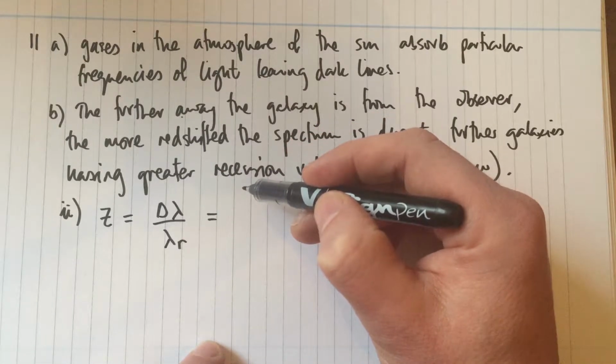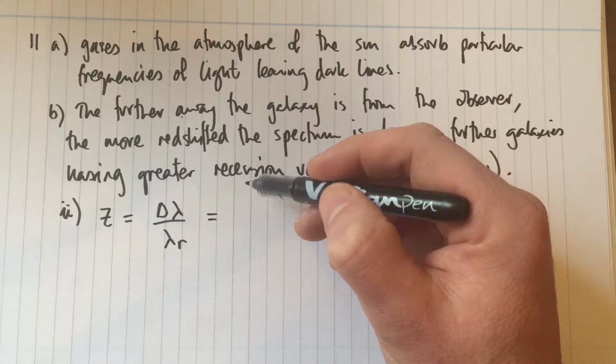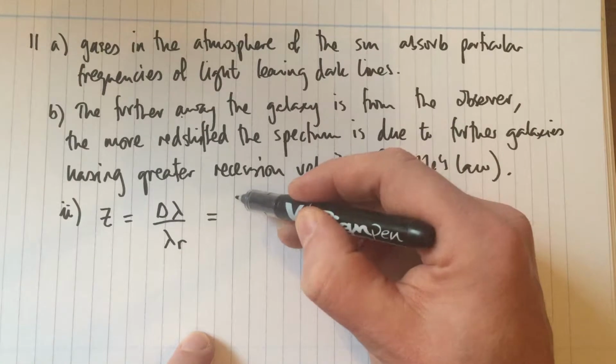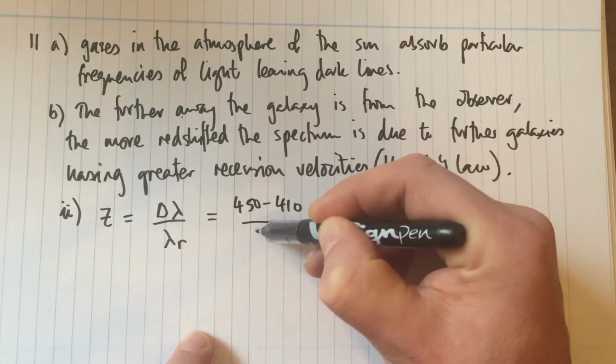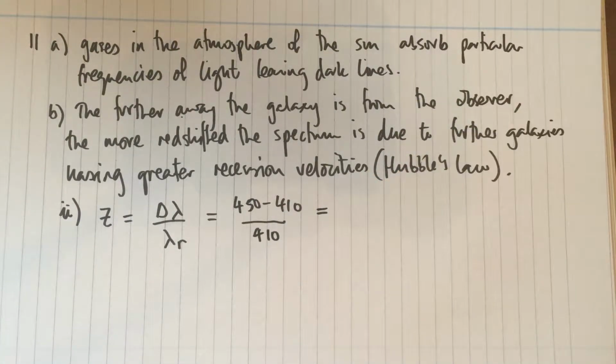And we need to compare that to the rest wavelength, which would be the sun, which is the close object to us. So the sun's wavelength would be 410 nanometers. So we would do 450 minus 410 divided by 410. And that would give us the redshift.